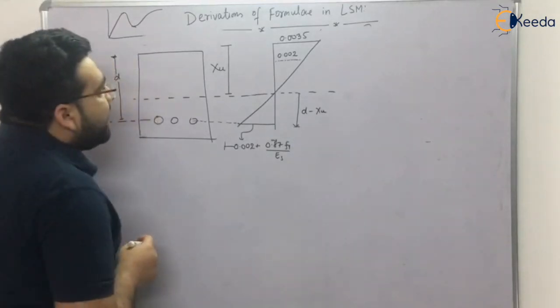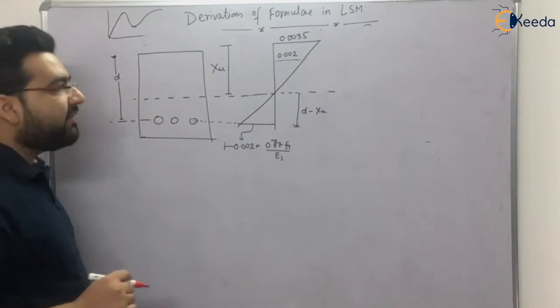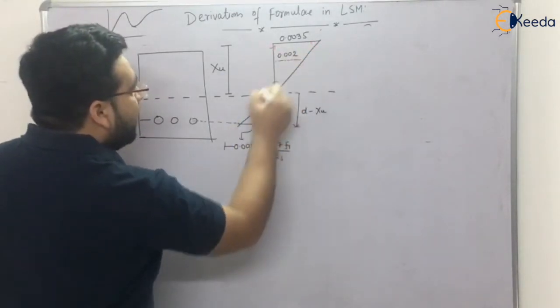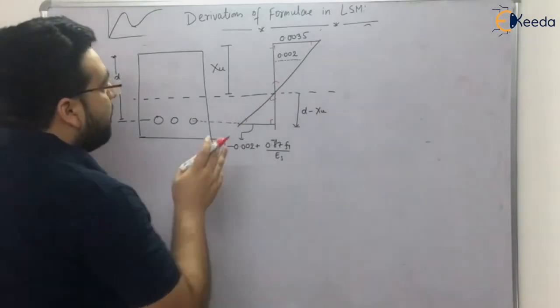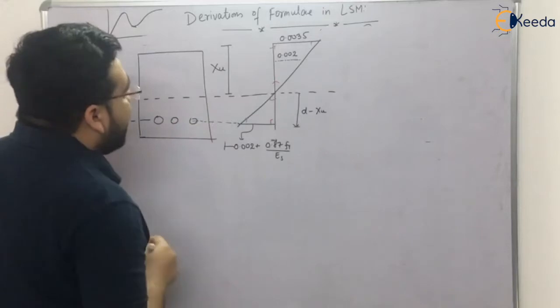Now let me do the similarity of triangles. From the similarity of triangles, this angle is equal to this angle, this is 90 degree, right? This angle ultimately will be equal to this angle. So from the AAA angle property, these two triangles are similar.